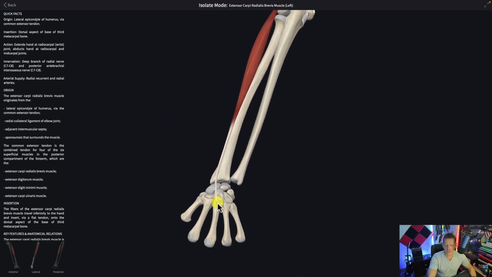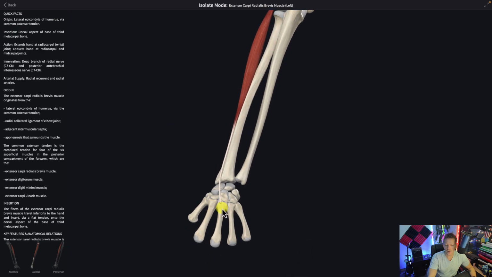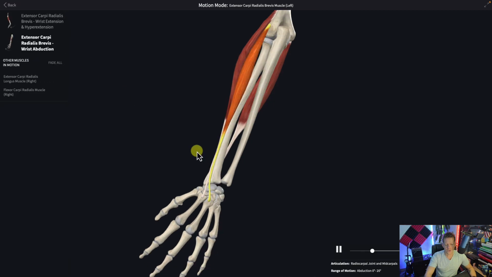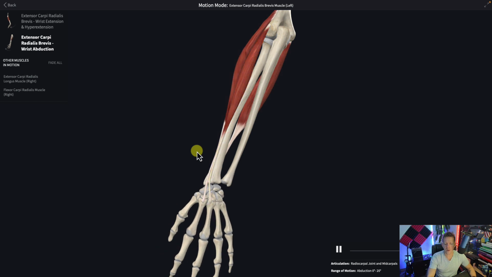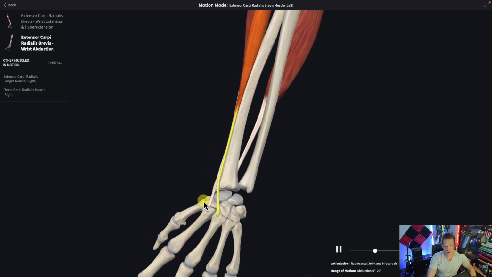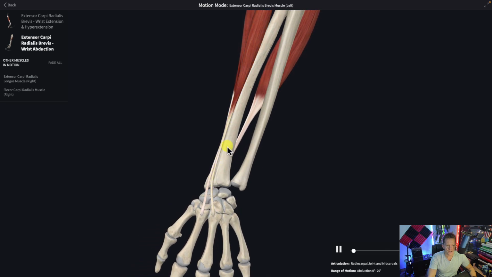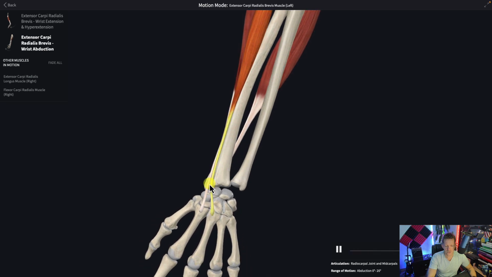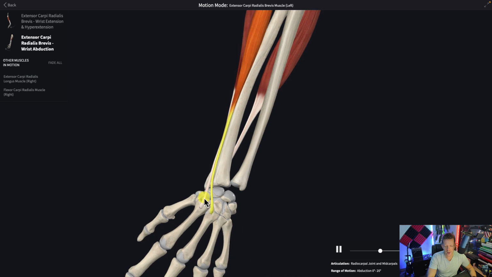This one is connected to the proximal part of the third metacarpal. But both of those muscles, longus and brevis, are also responsible for lateral abduction. Now you can see these two muscles that are activated: extensor carpi radialis brevis and this one, extensor carpi radialis longus.